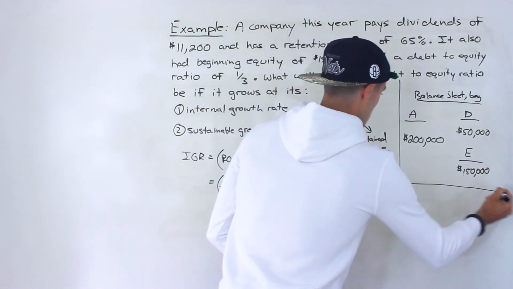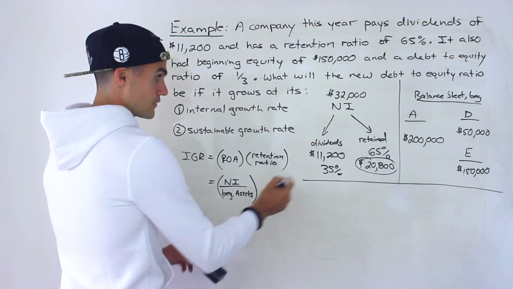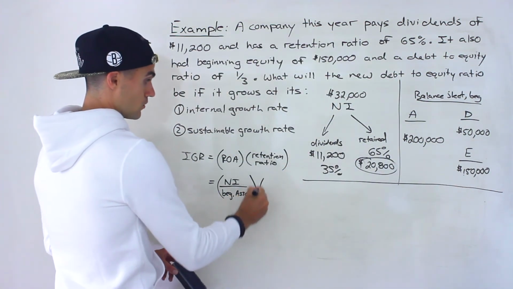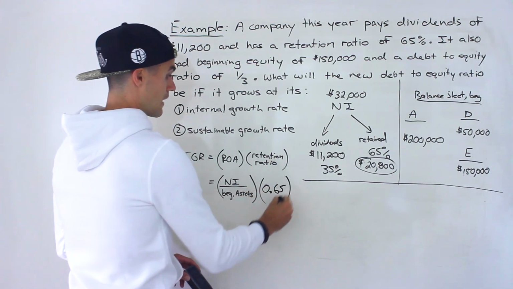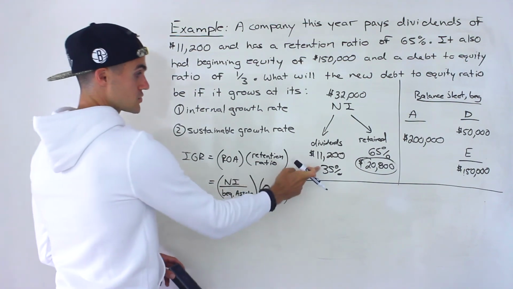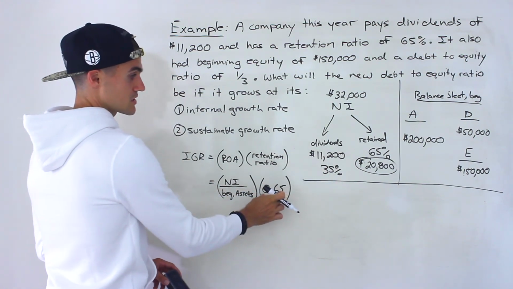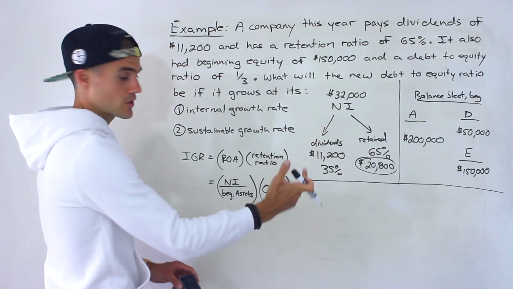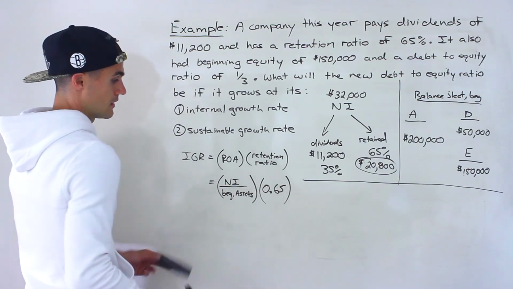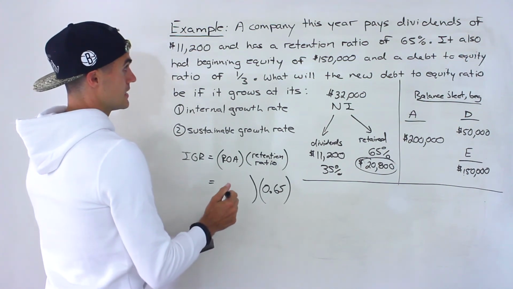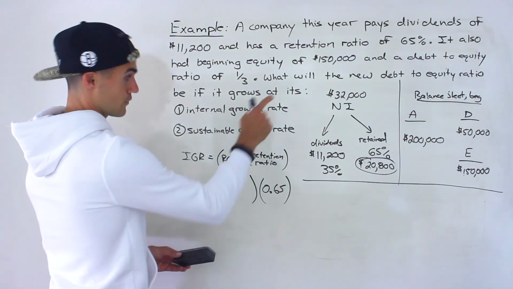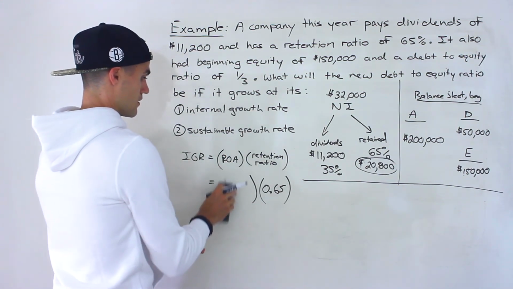And now let's split these up. We have enough information to plug in here. So the retention ratio is 0.65, or the payout ratio is 35%. 1 minus that is 0.65, but we weren't given that. We were given the retention ratio, so we could directly plug it in here. Net income over beginning assets, the net income is 32,000.